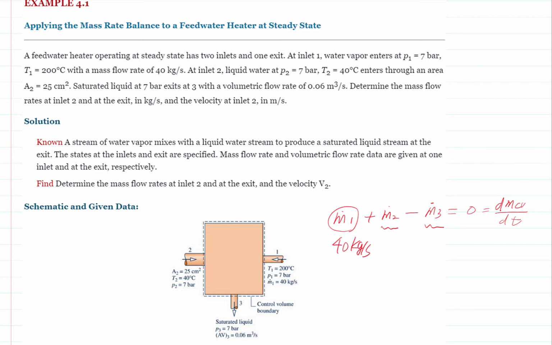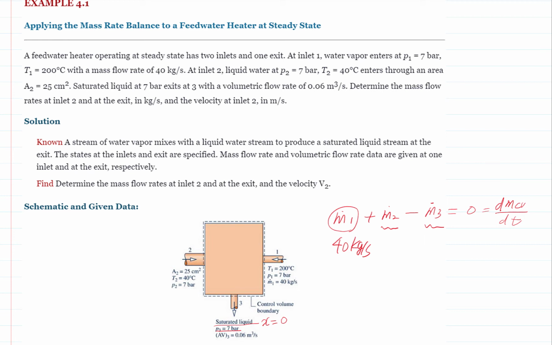First, let's take a look at exit 3. So the phase of the water is saturated liquid, which means quality is 0 and the pressure is given. So we know two intensive and independent properties.